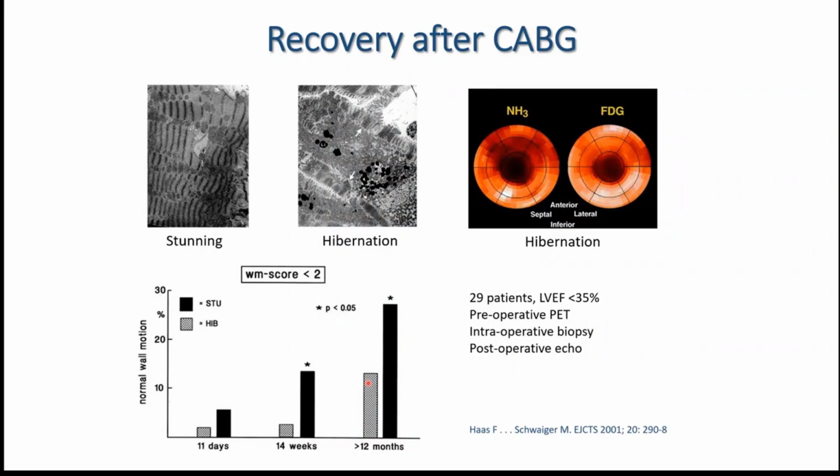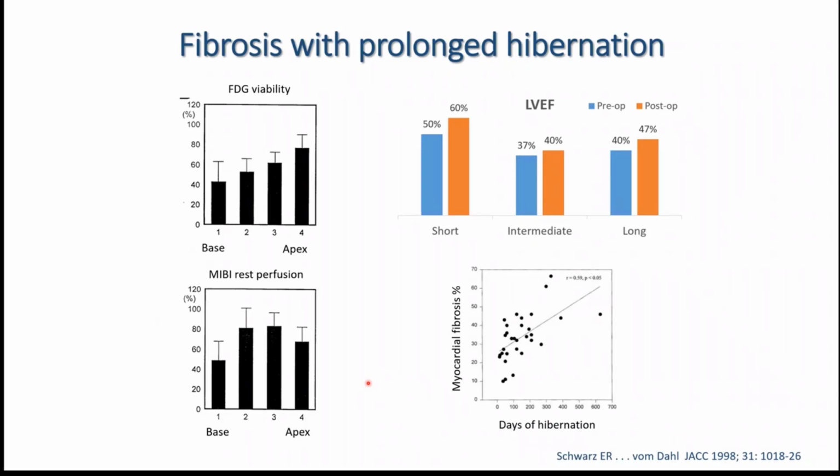So the improvement in function is not necessarily an immediate thing, but it is something that I think should be taken seriously and not delayed, because there is evidence that the longer you leave myocardium repetitively stunned or maybe hibernating, then the less the chance of recovery.